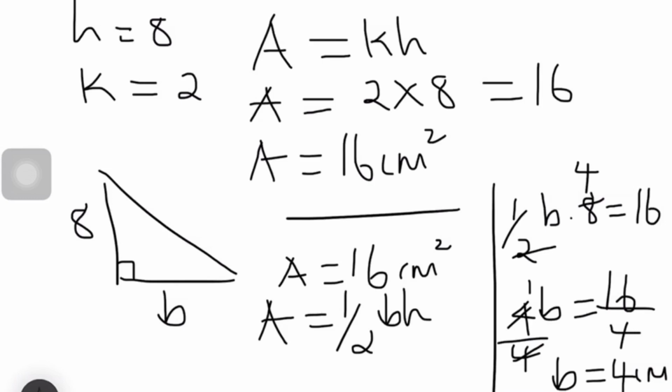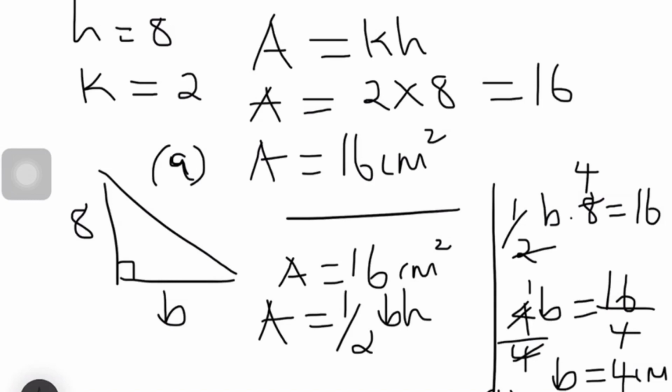Divide both sides by 4 to get the value of b, and then your base is 4 centimeters. So you've solved for the two. It's one question, but it has two parts, part A and part B. For part A, it was about the area, and for part B of the question, it was the base of the triangle.